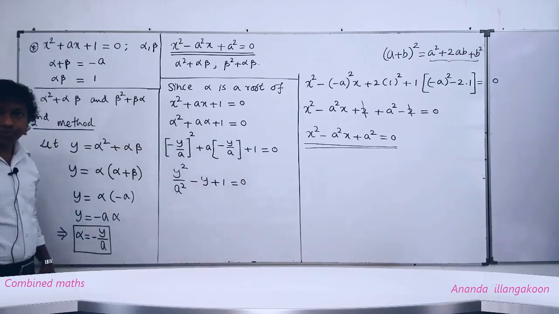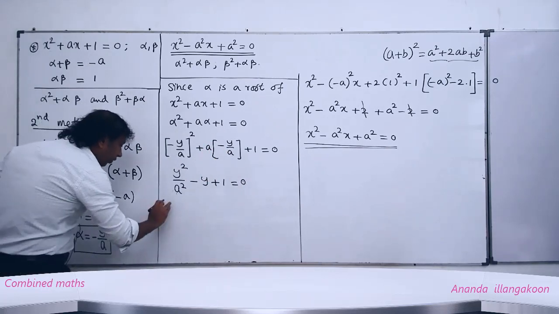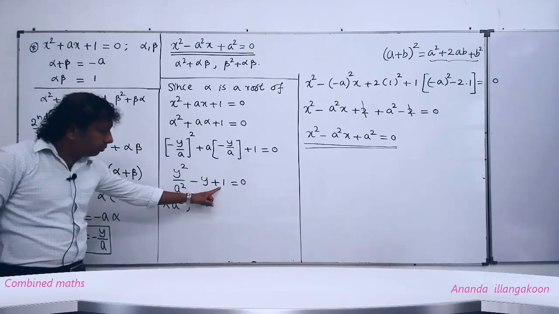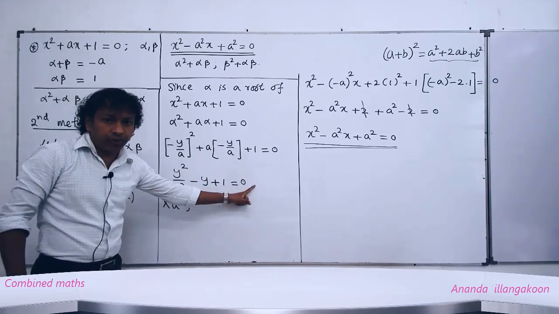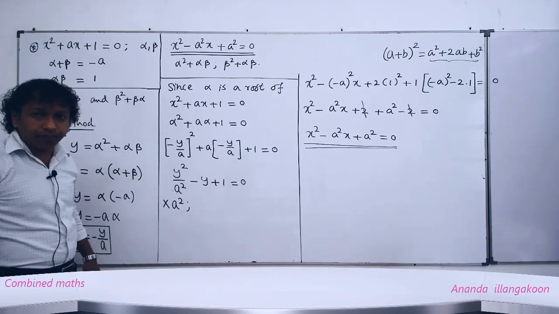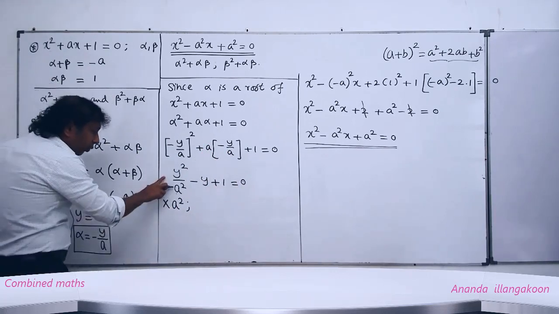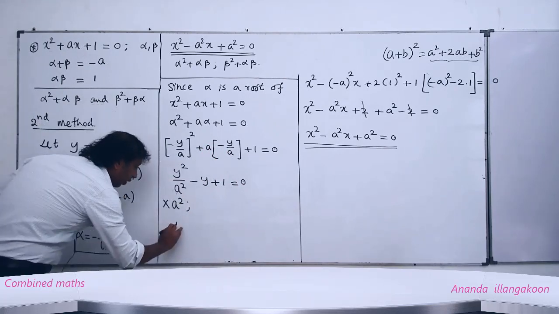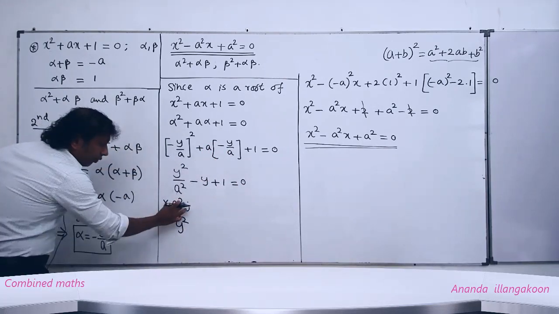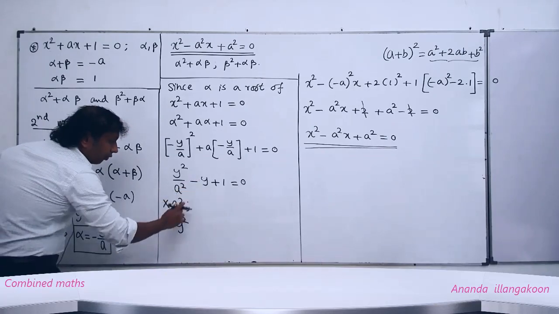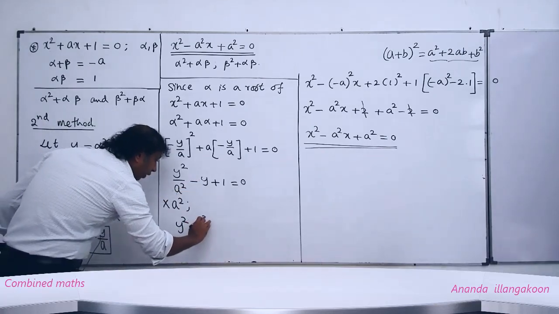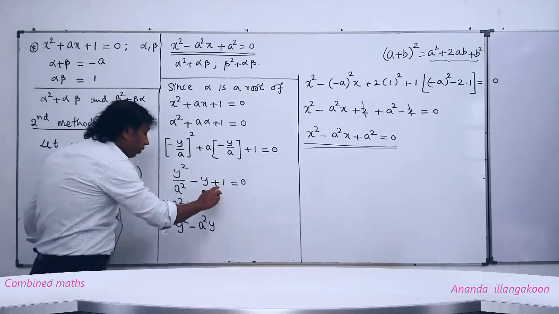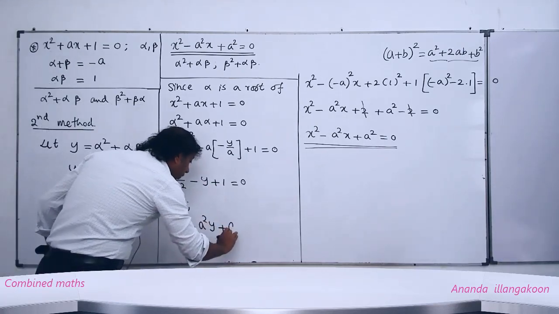Now we multiply this equation by a squared. Left hand side these three terms and the right hand side 0, we multiply by this a squared. Then what do you get? When you multiply by a squared, this cancels off and gives only y squared. When you write this a squared before this y, we get a squared y. And this 1, when you multiply by a squared, we get 1 into a squared.